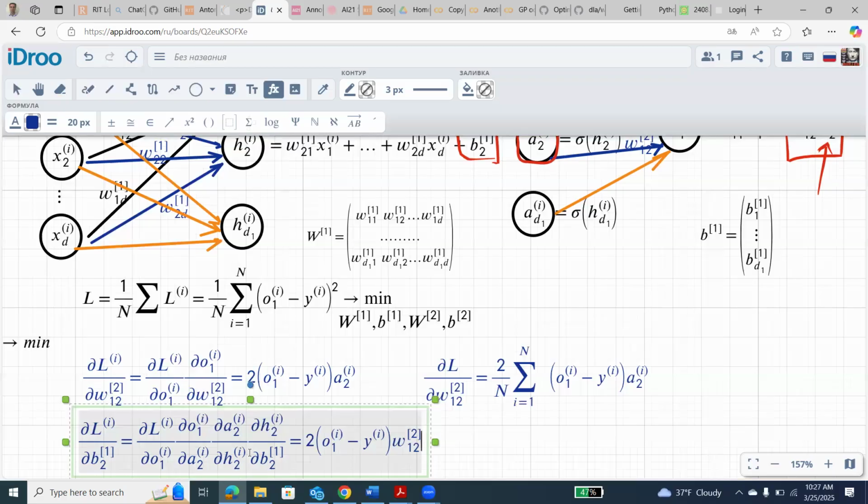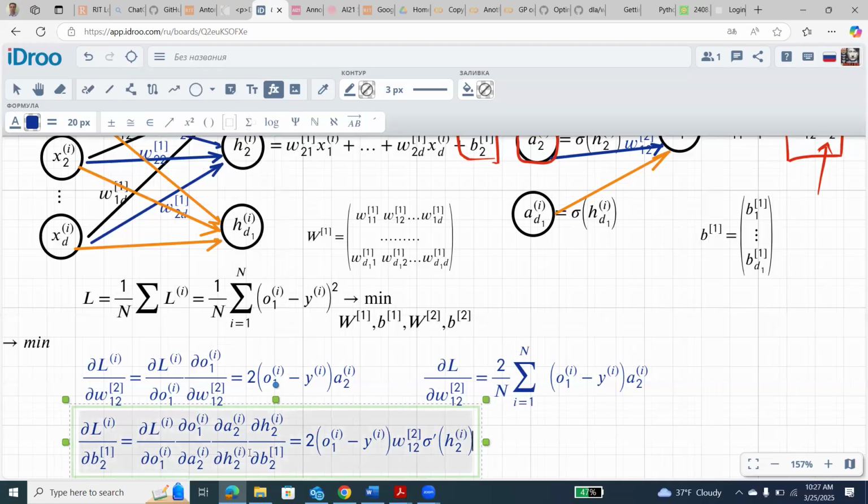So the derivative of A with respect to H, let's just use a sigmoid prime, or you can use sigmoid times 1 minus sigmoid. So sigma prime of H. But this is how to calculate this derivative.